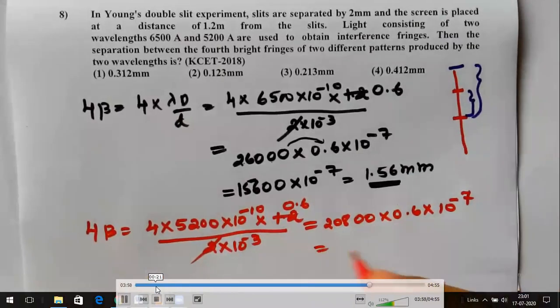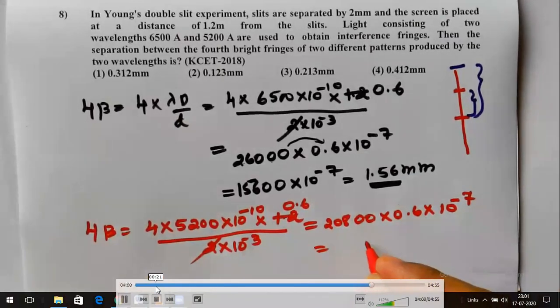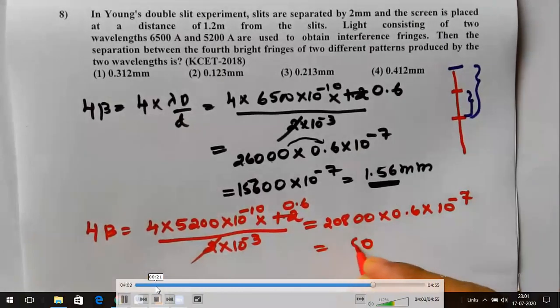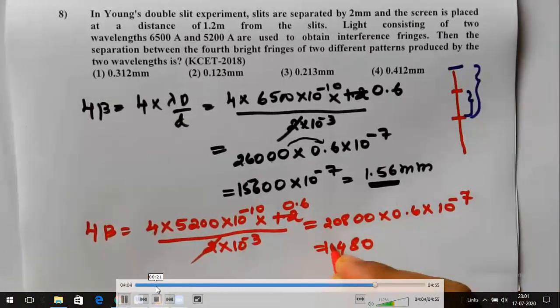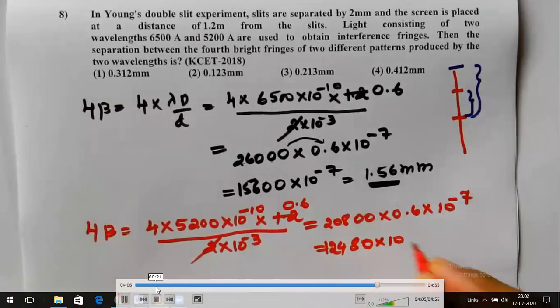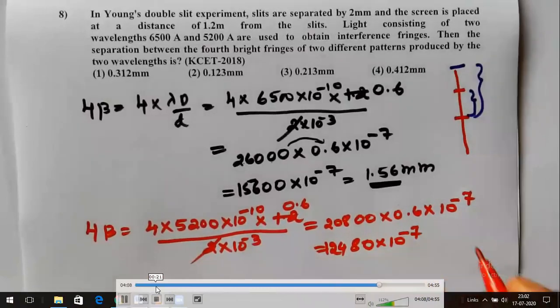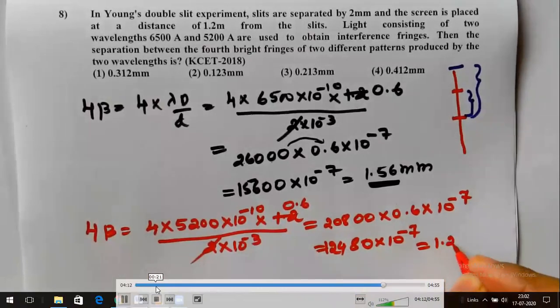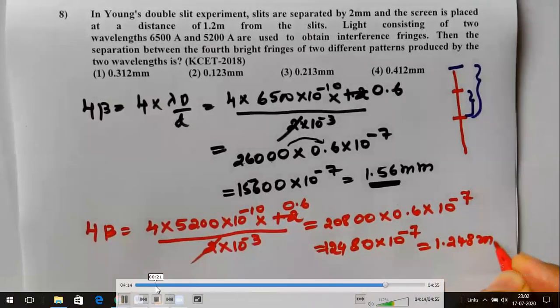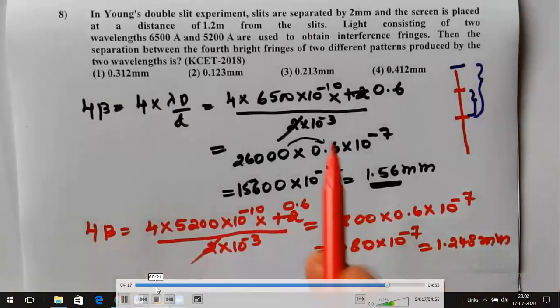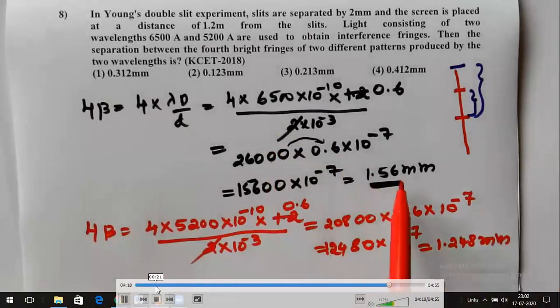2080 into 6, that comes to 12,480 into 10 to the power minus 7. So that corresponds to 1.248 millimeter. So the fourth bright fringe of this wavelength is at 1.56 millimeter, and the fourth bright fringe of 5200 angstrom is at this distance.